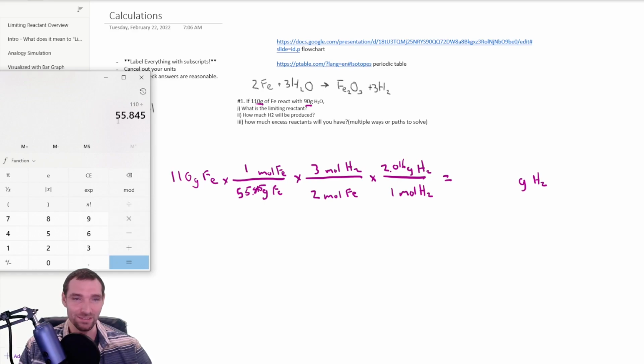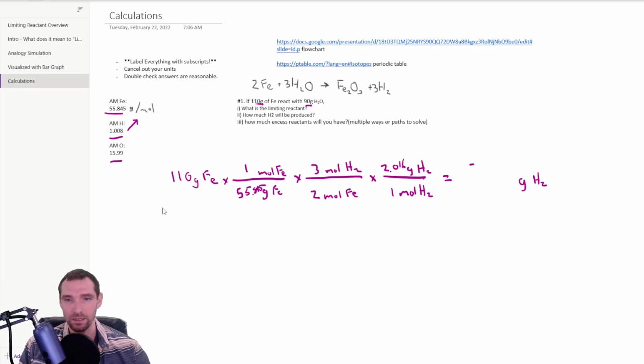So this divided by that, and that will get me here. And then times 3 divided by 2. That should get me about there. And then times that by 2.016.